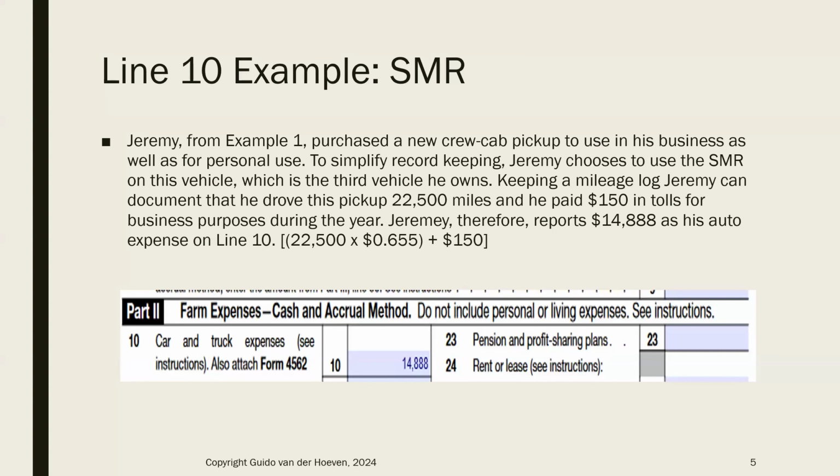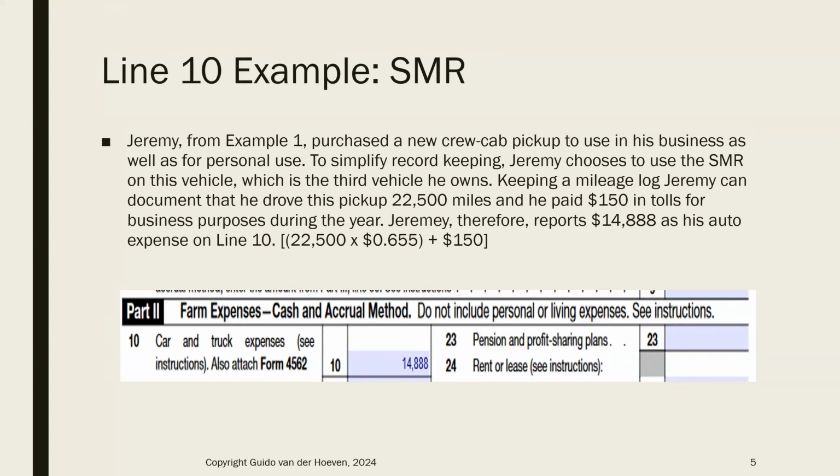And so what he has is $14,888 as his expense for the use of this pickup on line 10. And it's illustrated there in that little screenshot of Schedule F. And you can see the calculation that this is a 2023 year, because that's the tax return year that's being filed right now.